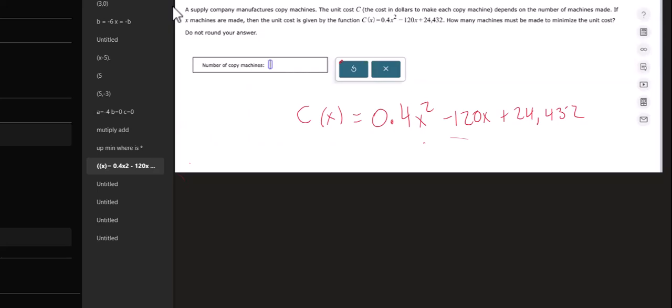Whenever it's asking how many, that's going to be the x. How many is the x? So minus b, so minus negative 120 over 2a, 2 times 0.4. So that's 120 over 0.8, which is 150.